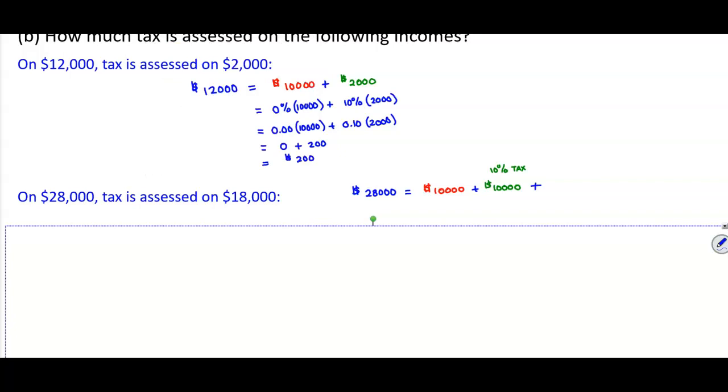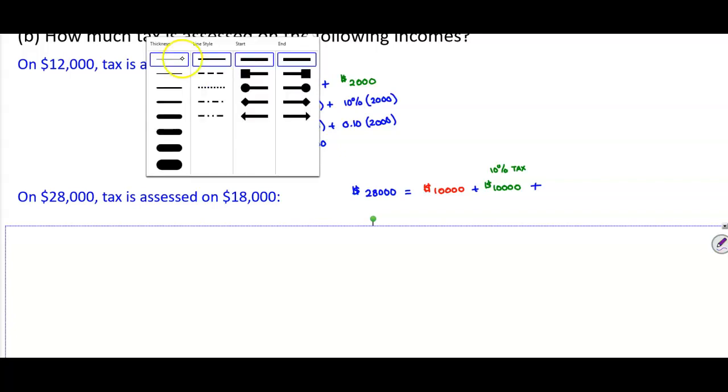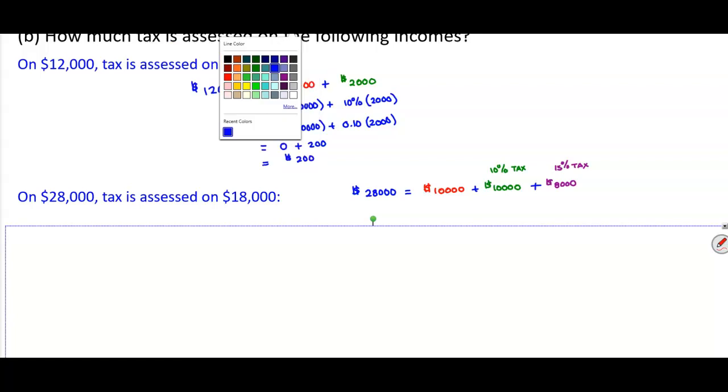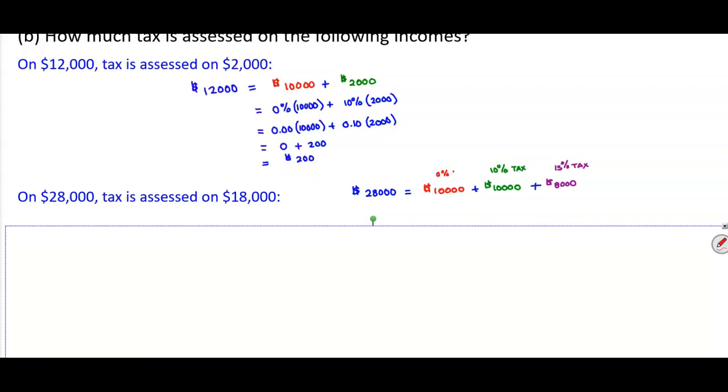And now anything over the $20,000, which is $8,000, is going to have a 15% tax. And we know the first portion has a 0% tax.